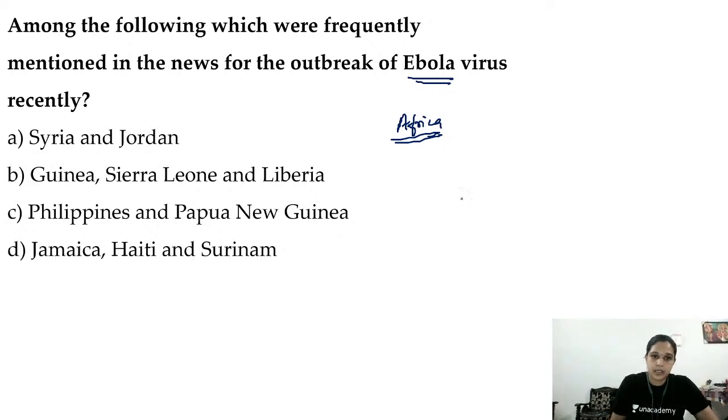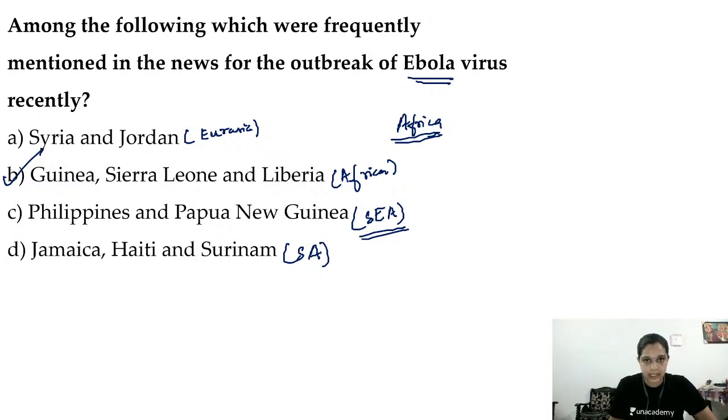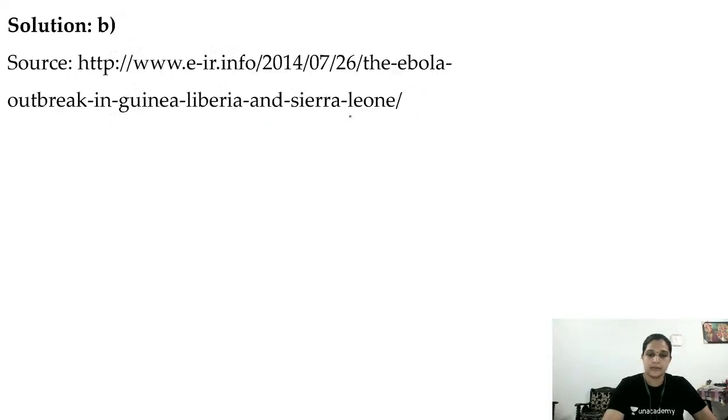Philippines, Papua New Guinea, you find in Southeast Asia. Jamaica, Haiti, Suriname, you find in South America. You just need to know the continent. Guinea, Liberia is in Africa. We know that very well. So the answer is B. You just need to know which continent the countries belong to. That's all. Nothing much.